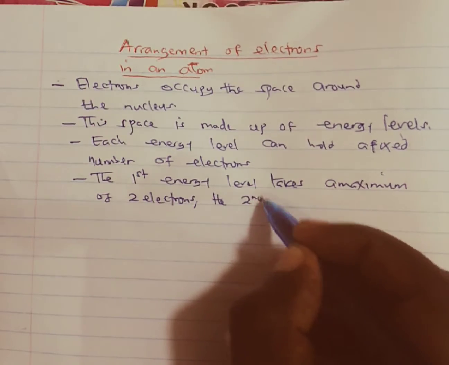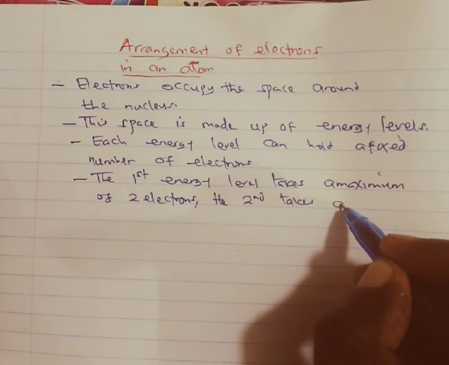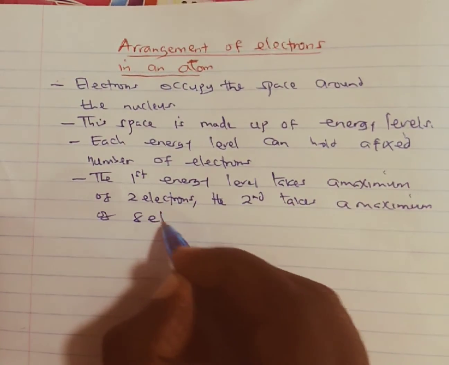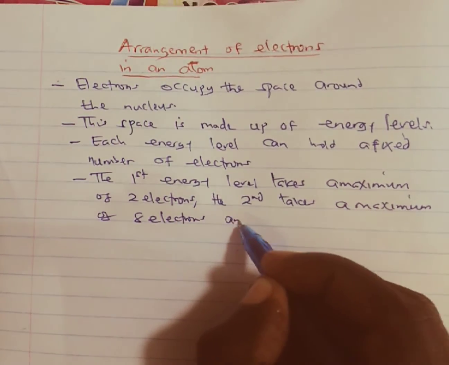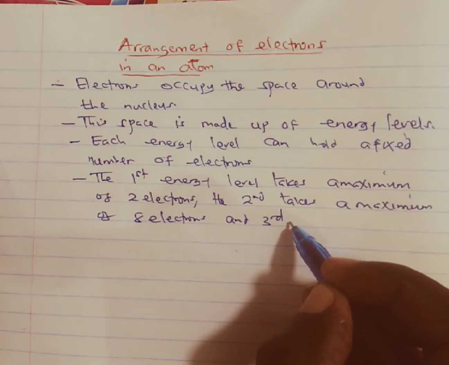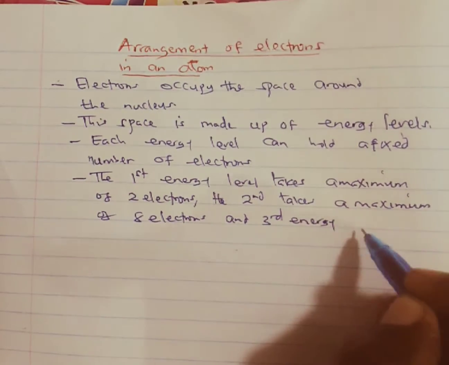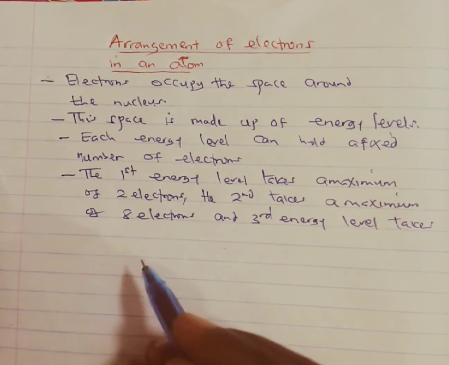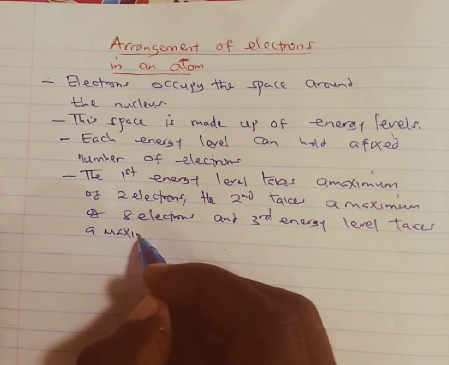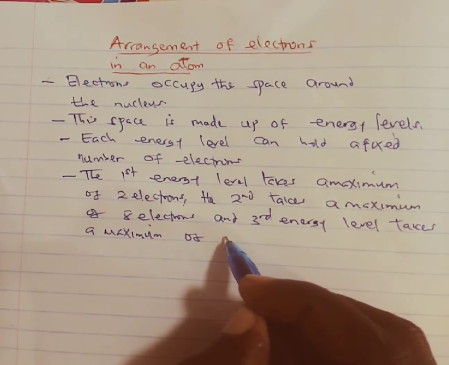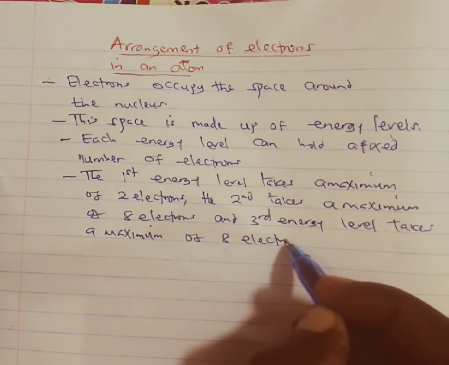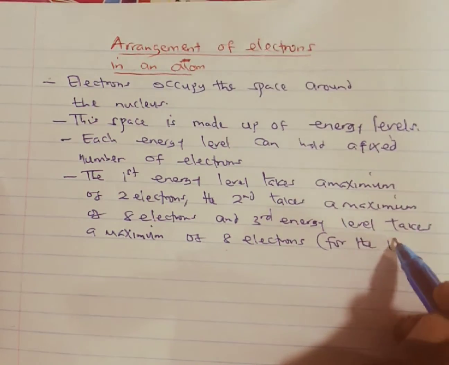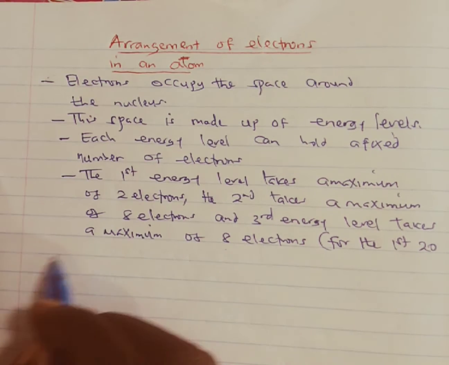The second takes a maximum of 8 electrons, and the third energy level takes a maximum of 8 electrons. That is for the first 20 elements.